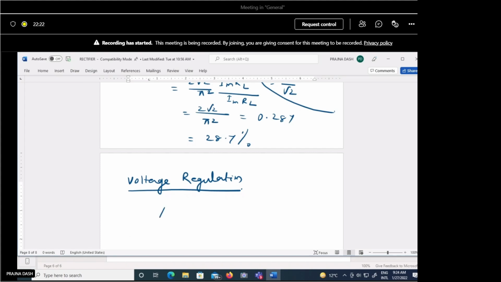So this percentage regulation is denoted as voltage in no load condition minus voltage in full load condition, divided by voltage in full load, into 100% if you are calculating in percentage.